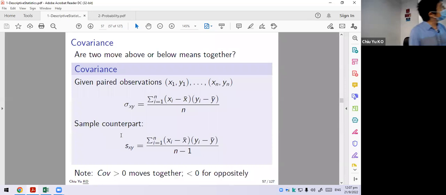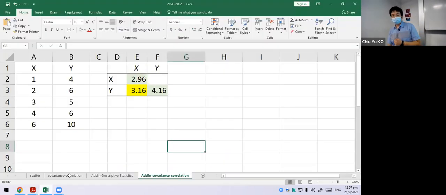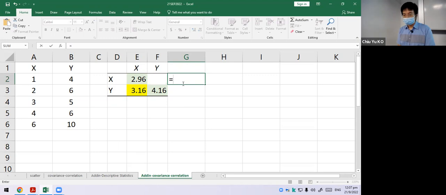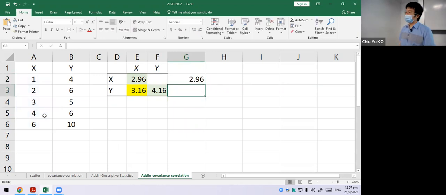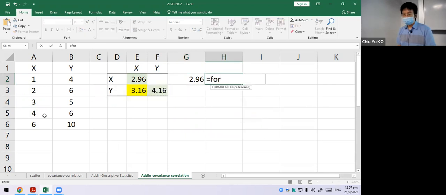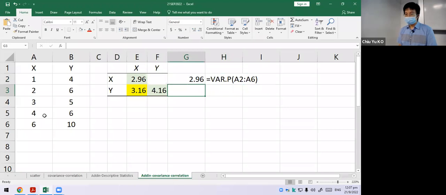If X and Y are the same, say Y is X, then this is exactly the variance. Y same as X means that this 2.96 is the covariance, so it's the variance of X. To prove this is right, I show this is the case. So variance.P, and I highlight the first column. That gives you 2.96. Just to show you what's going on here, this variance.P is 2.96.